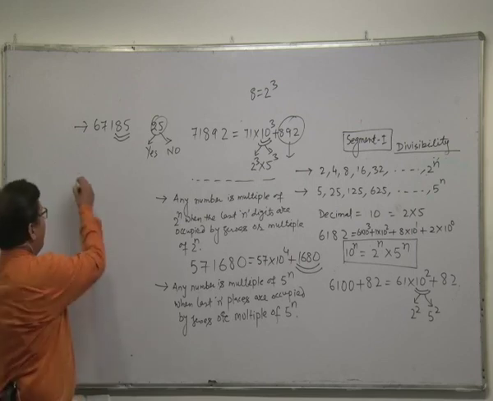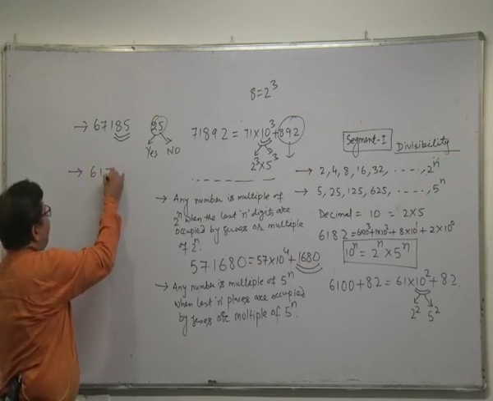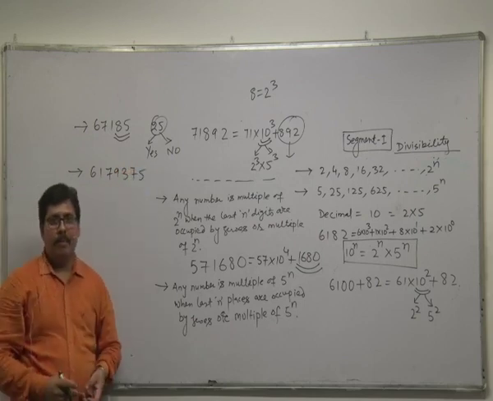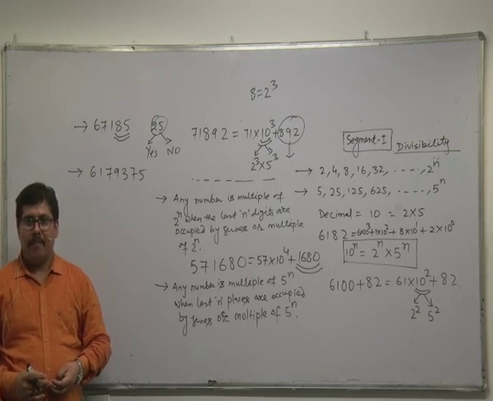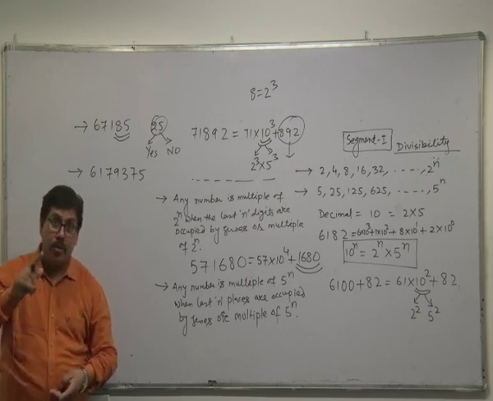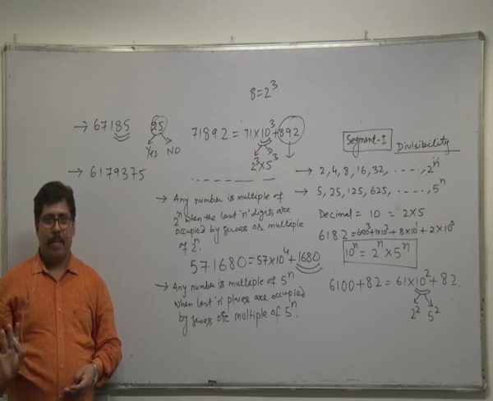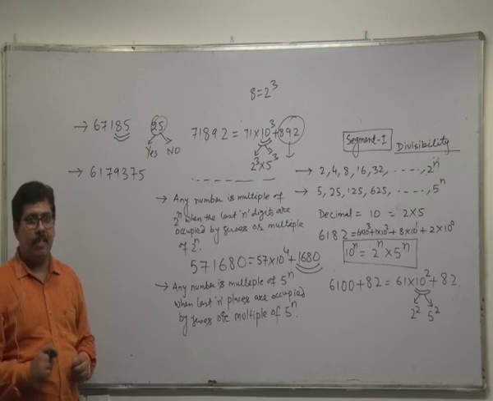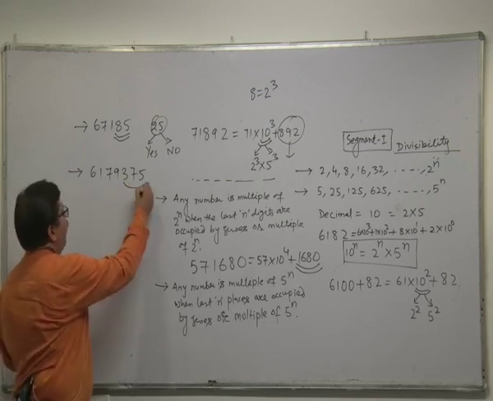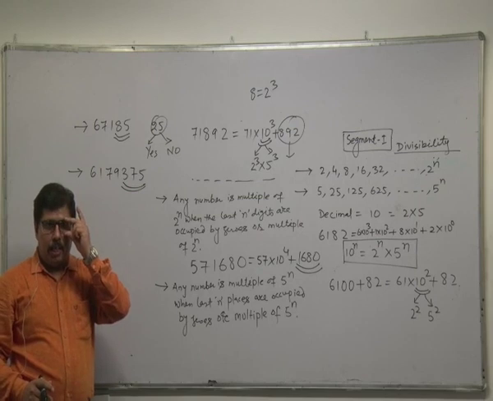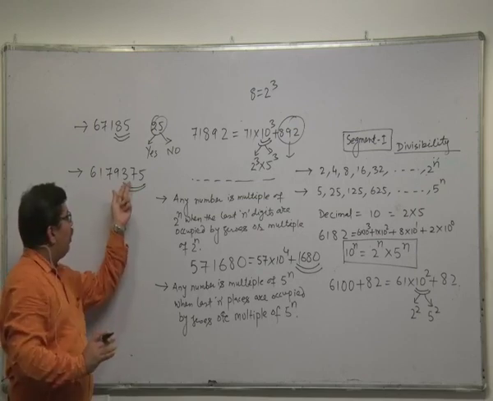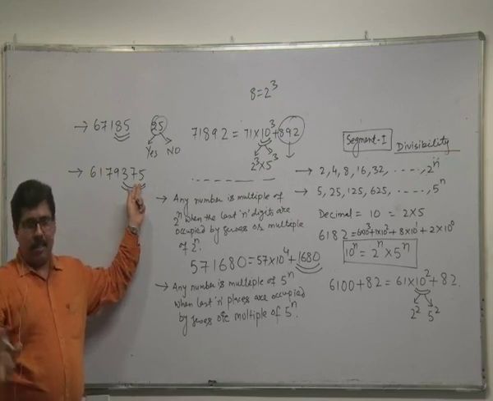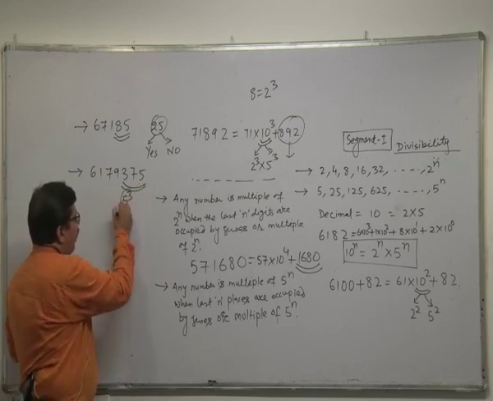One more illustration: 617935. Is this number a multiple of 125 or not? 125 is 5 raised to the power 3, so we need to quickly check the last three digits. 375 is basically 125 into 3, so this number is a multiple of 5 raised to the power 3.